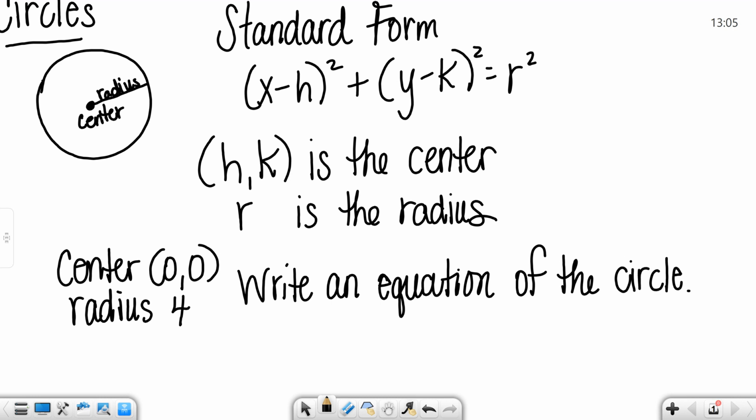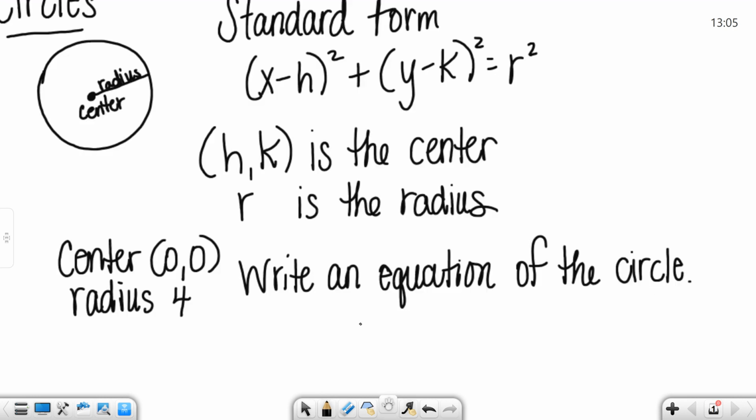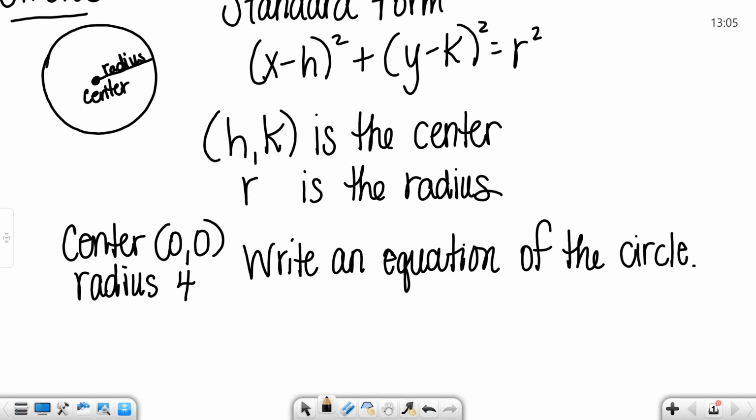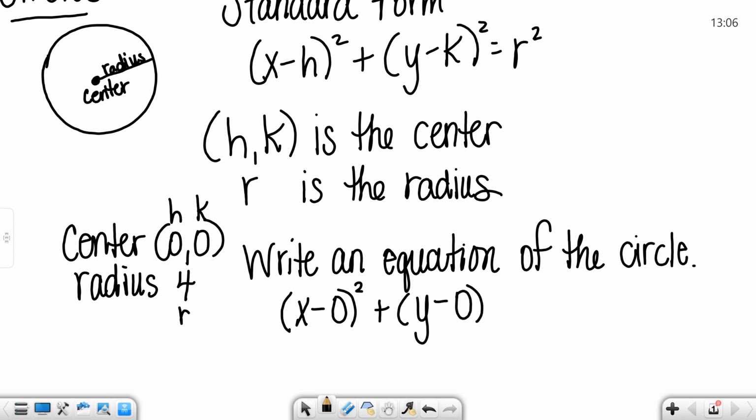And it's going to need to be in that standard form. All right, so if we write our equation, our center is h and k, and then our radius is that 4. So (x minus the h value) squared plus (y minus the k value) squared is equal to r squared.